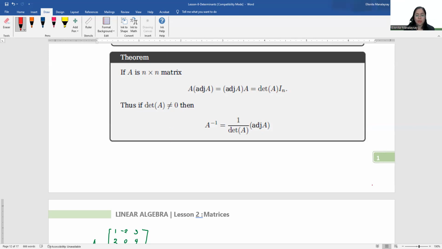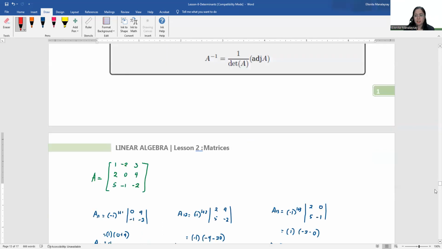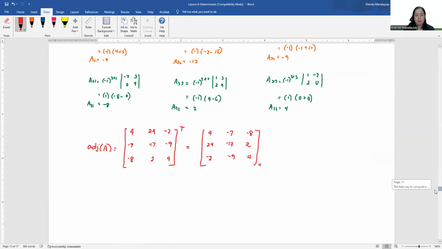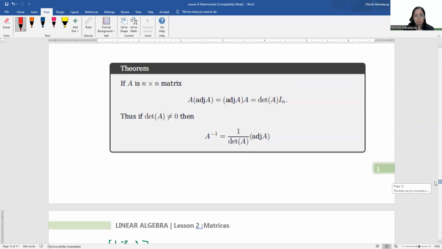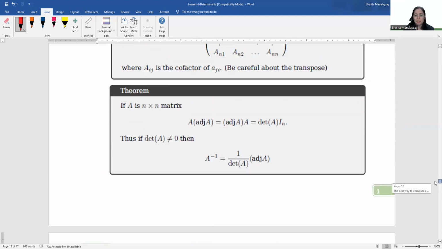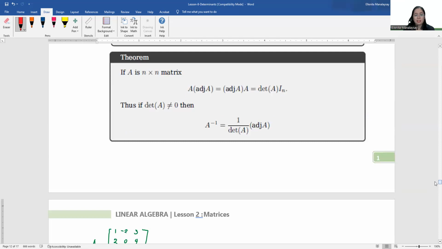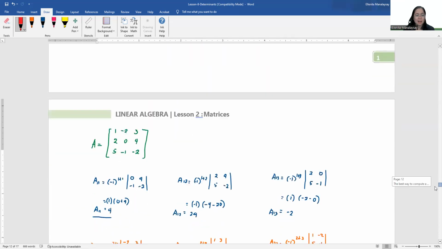Okay? So we have matrix A here, and then we have this adjoint of A. So when we multiply these two, we will get the determinant of A. Okay, let's do it.